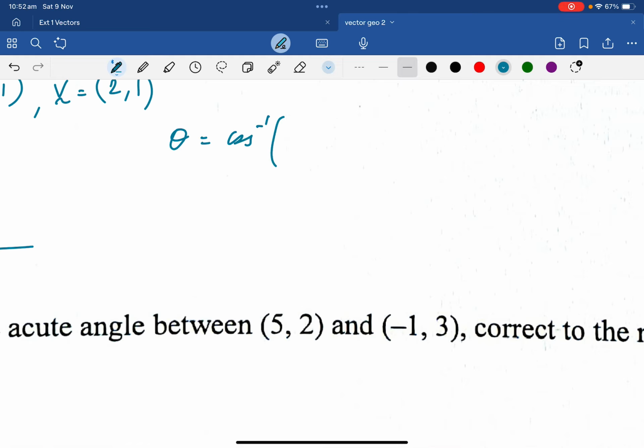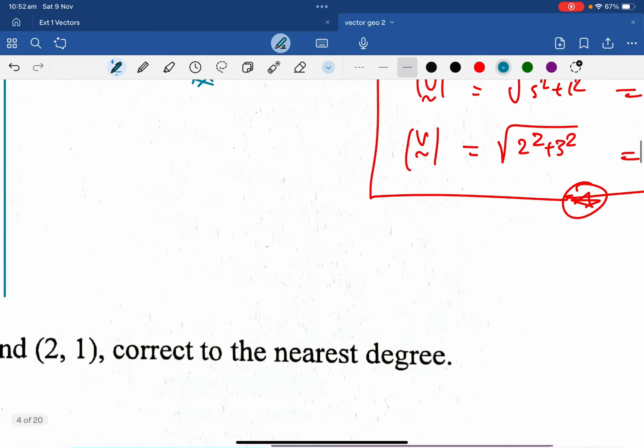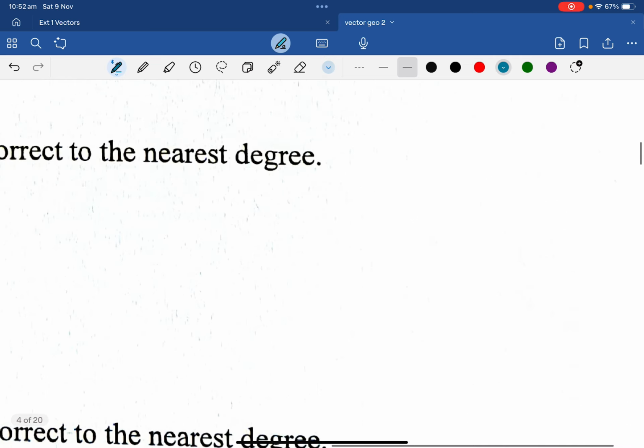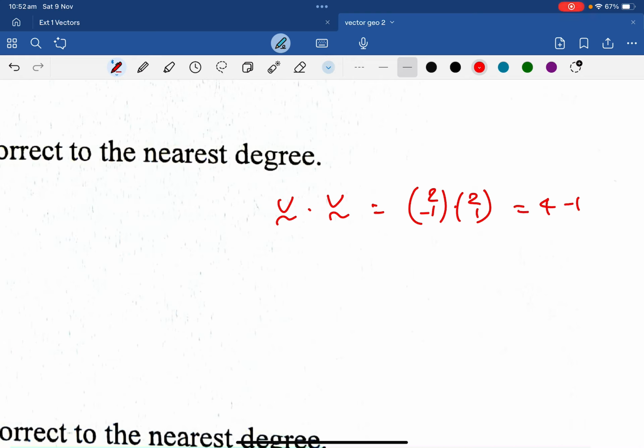Theta is equal to cos inverse of, first let's do our dot product investigation. So u dot v is equal to 2 minus 1 dotted with 2 1, which is 4 minus 1, which is 3. The magnitude of vector u and the magnitude of v.